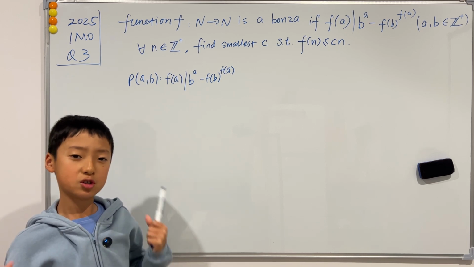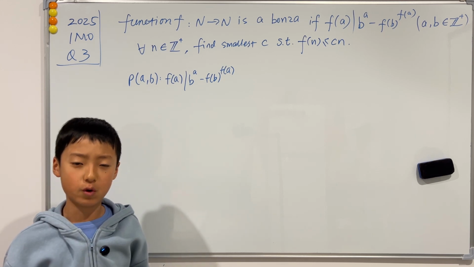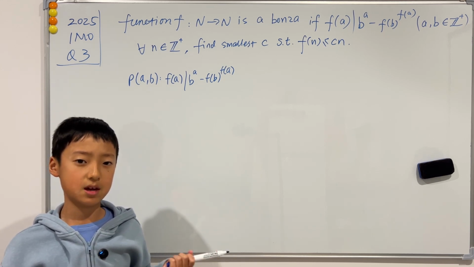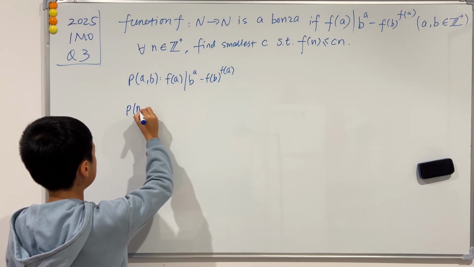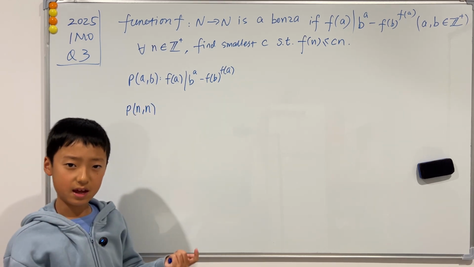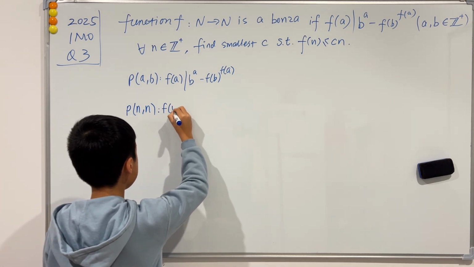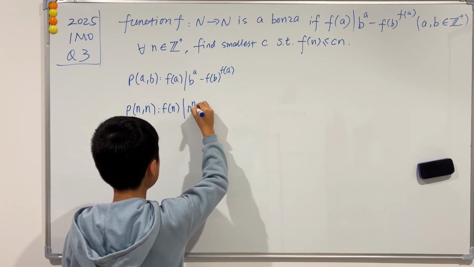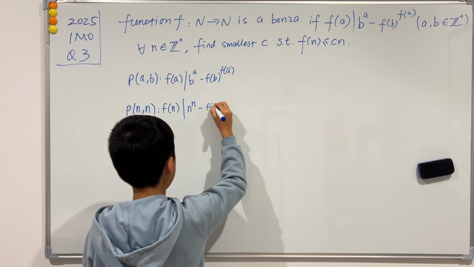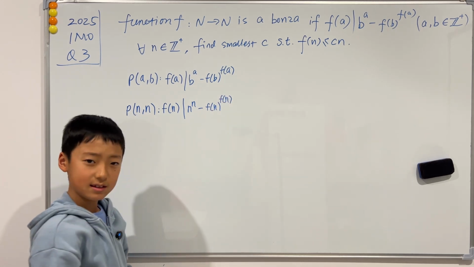So why don't we first go with a simple case. Maybe a and b are both equal to one simple constant, maybe n. So why don't we define a new property, P(n, n). This will be f(n) divides n^n - f(n)^f(n), right?